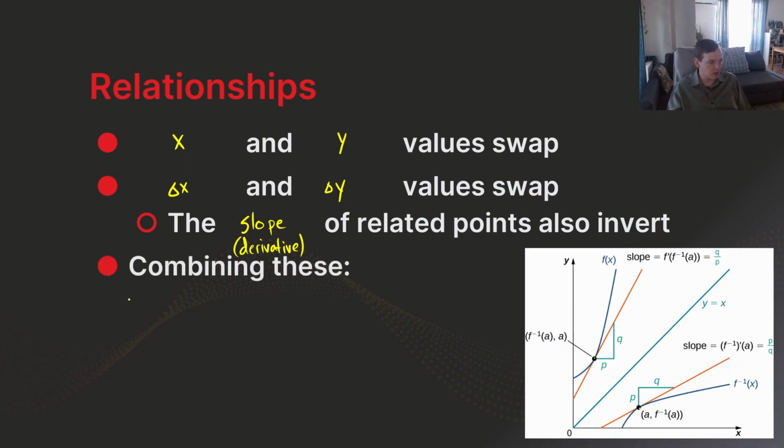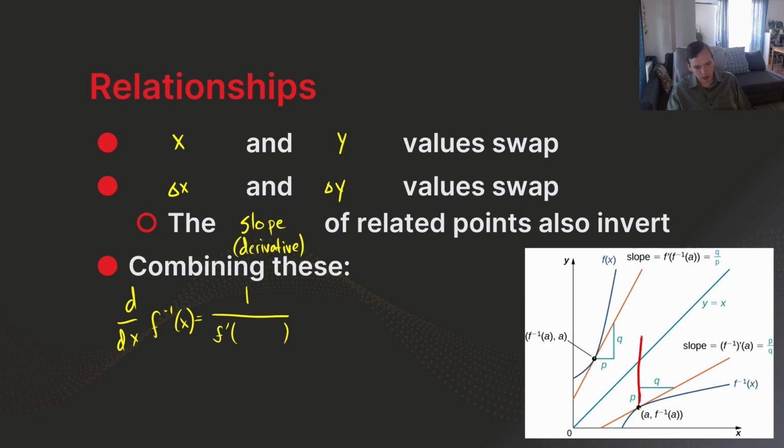So if I combine this all together, the derivative of f inverse of x, it doesn't need to be at point a, it can be, the derivative of an inverse function is going to be equal to 1 over the derivative of the original function, but I can't put x in here, because if we look back, if I just plugged in x, that would be the same as plugging in a here.